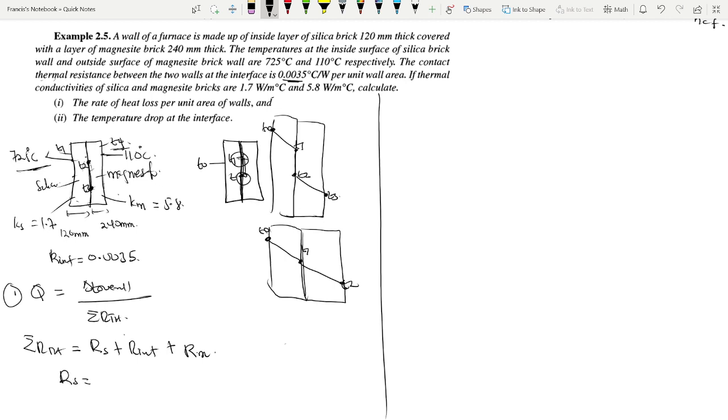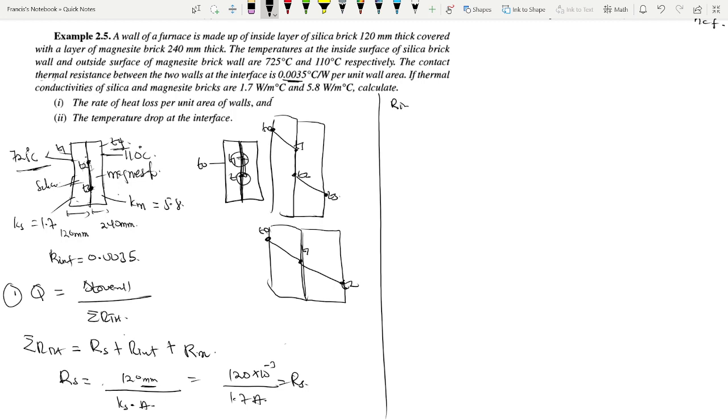The resistance of the silica, because it's by conduction from this point to this point, sorry, we are talking of resistance, is going to be the thickness, 120 millimeters, all over Ks times A. So we have to convert 120 millimeters to meters, times 10 to the minus 3, all over Ks, 1.7, times A. And this is our Rs, the resistance of the silica.